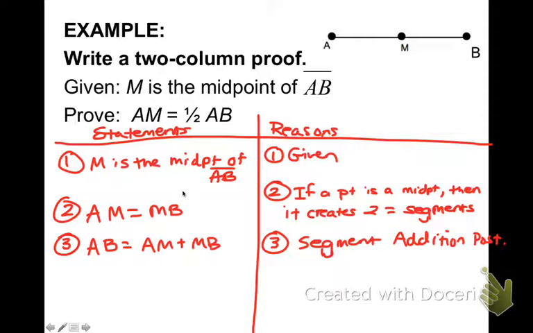I've got an AM and I've got an AB. So I need to somehow get just AMs and ABs in this line. How do I get just ABs and just AMs?